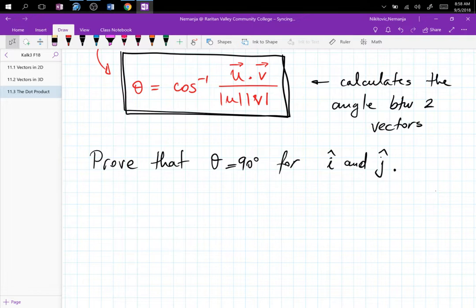What is the definition for vector i? 1, 0. Oh, you want a 3D? Sure. And then j? Okay.